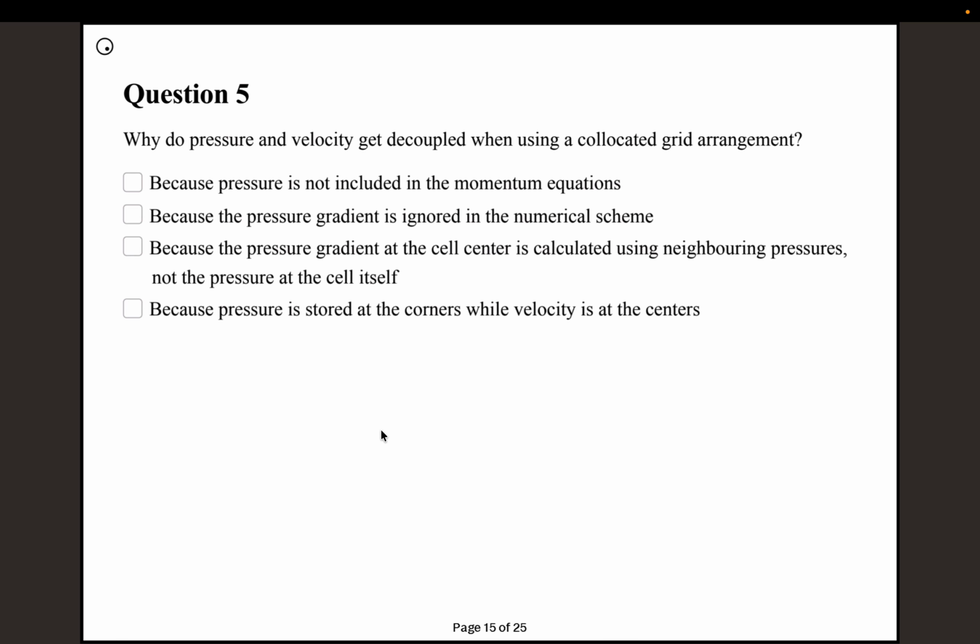Okay. Why do pressure and velocity get decoupled when using a collocated grid arrangement? A collocated grid arrangement is one where you store velocity and pressure at the same point.